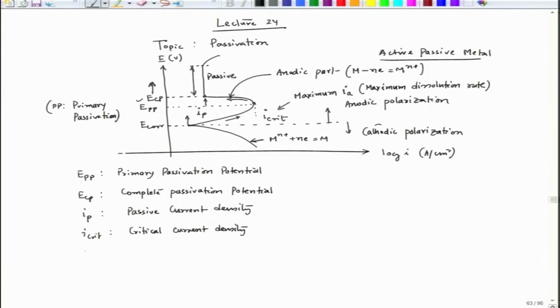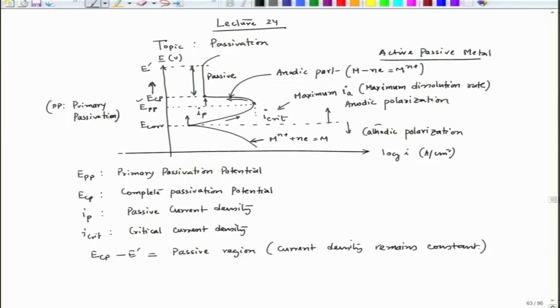Let us say at this potential we put some name, E prime. So from E CP to E prime, this is the passive region, where the current density remains almost constant.